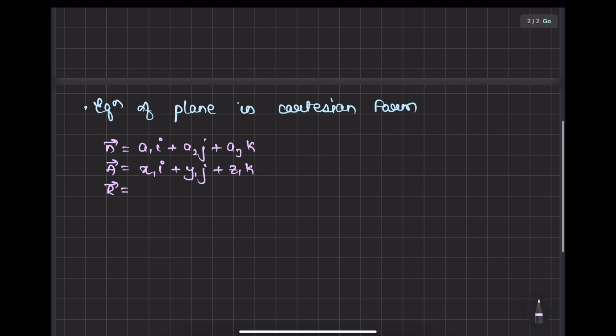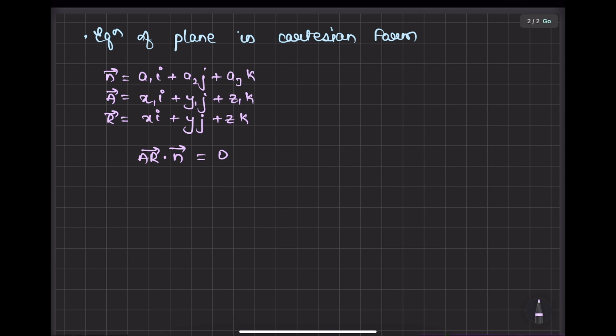It will look like xi plus yj plus zk, because it is a variable. Correct? We know that we will be writing ar vector dot n vector equals 0.